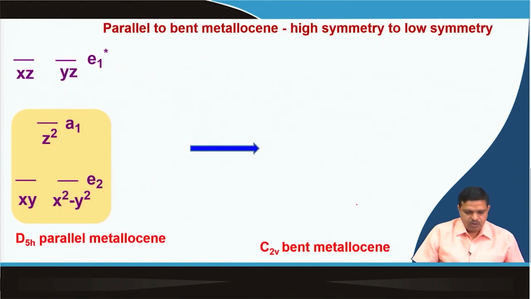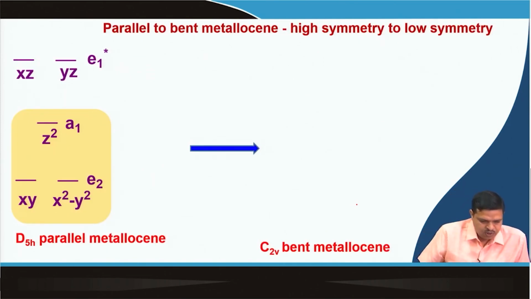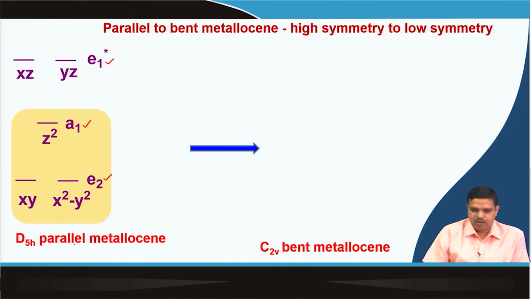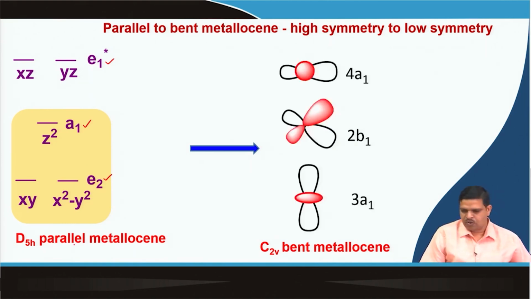Fine. So, let us try to understand what will happen for the molecular orbitals. If you remember the molecular orbitals of the parallel ferrocene, these three sets of orbitals are very important. This E2 involves the dxy and dx square minus y square orbitals.